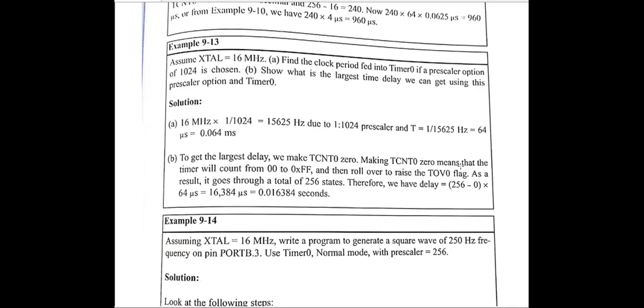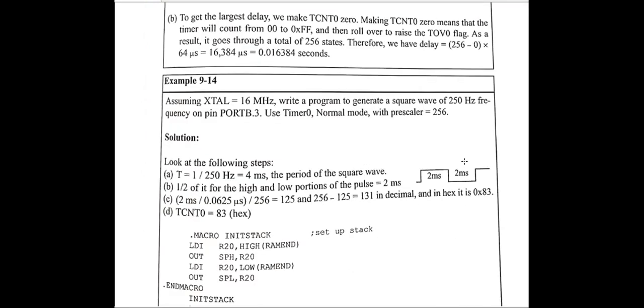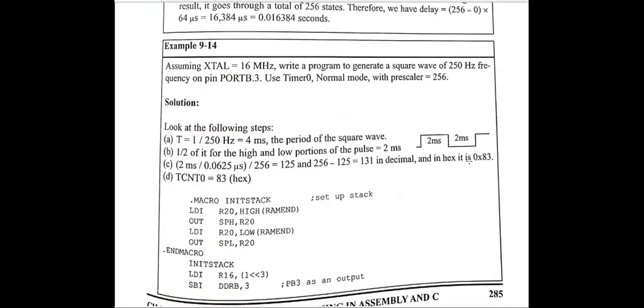So the largest is 0.016384. Moving on to the next program, assuming XTAL is 16 megahertz, write a program to generate a square wave of 250 hertz frequency on PB3, using timer 0 in normal mode with a prescaler.